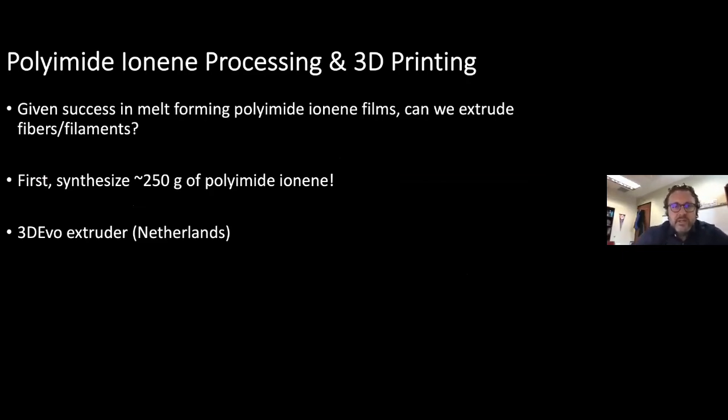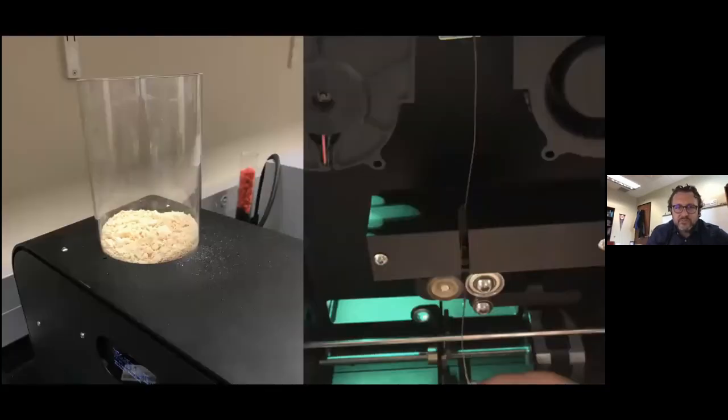Early on, because we had such nice results with those polyimide ionenes, I thought, can we make these as fibers or filaments? Can we make something more than just a membrane, and even do 3D printing? As I mentioned, we scaled this up. We made 250 grams of this, and we used this extruder, which we purchased from a company in the Netherlands called 3D Evo.